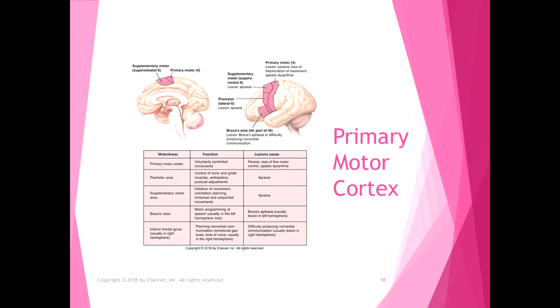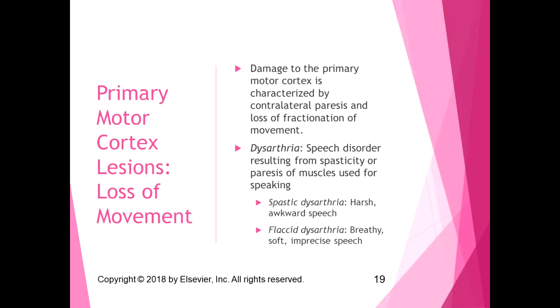So we'll talk more about those last two in the communication chapter, but they're both motor issues, speech motor issues, or communication motor issues. So damage to the primary motor cortex is characterized by contralateral paresis and loss of fractionation of movement. Dysarthria is a speech disorder resulting from spasticity or paresis of the muscles used for speech.